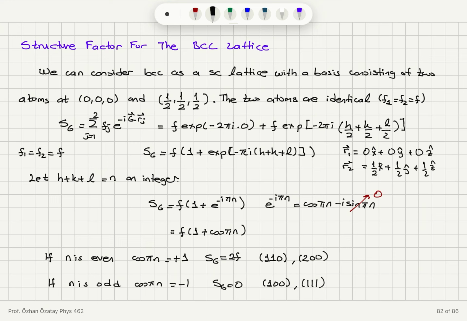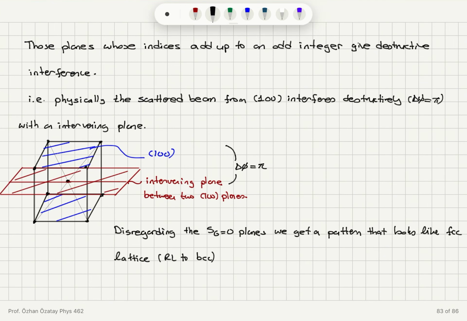We have done this calculation for the BCC lattice, where we consider the BCC lattice as a simple cubic lattice with a 2-atom basis at 0, 0, 0 and 1/2, 1/2, 1/2. And we have found that the condition is, if you look at the sum of HKL values for that plane, if the sum is even, we have constructive interference. If the sum is odd, we have destructive interference.